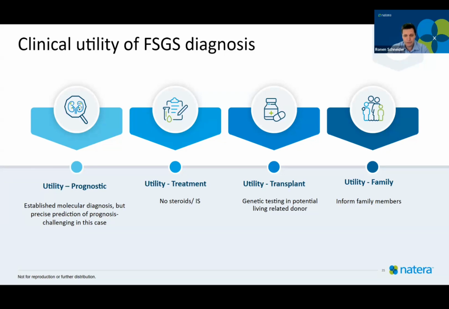The fact that the donor was healthy in terms of kidney function at the time of donation doesn't exclude that they carried the variant, simply because in autosomal dominant disorders we know there's some variable expressivity. So the utility for the family is to inform family members, and when there is a transplant consideration for this particular patient, we should be very careful and test potential donors. Next slide, please.